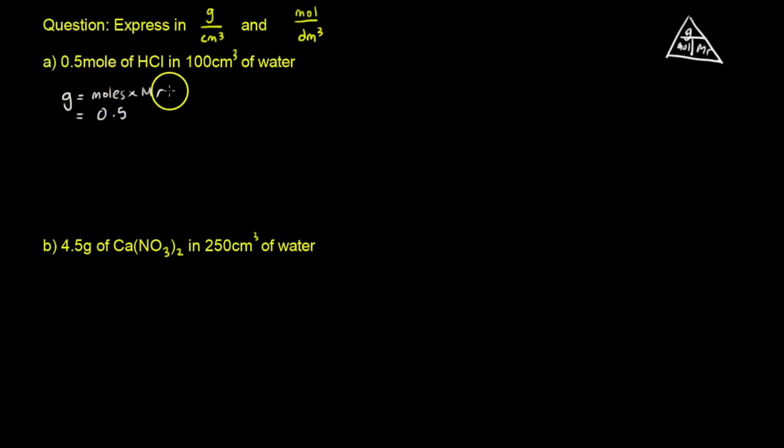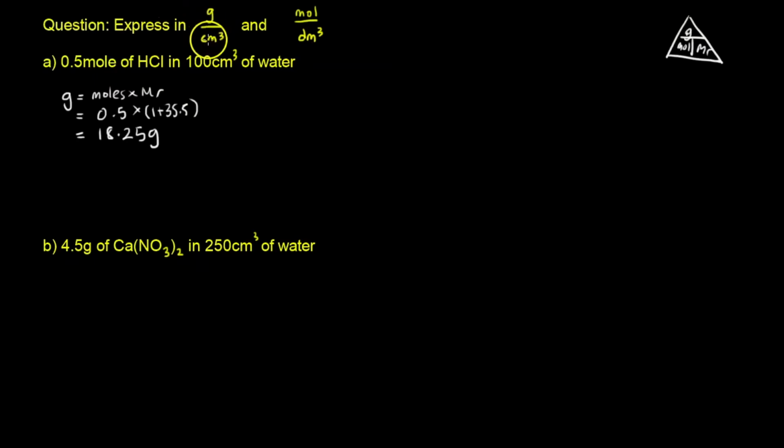My Mr of HCl, referring to the periodic table, H is 1, Cl is 35.5, so in total it will be 36.5. But I can just use the calculator directly. It will give me 18.25 grams. So I've successfully converted moles, which is given, into grams on top here, the numerator.